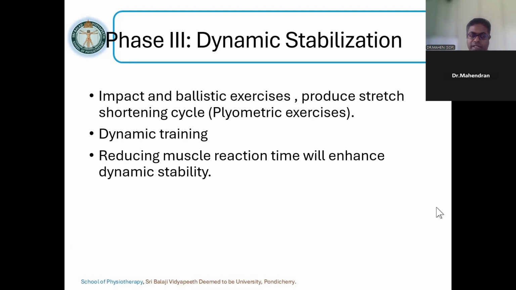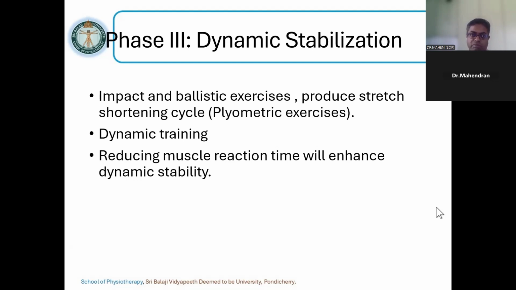This dynamic training can be occupation focused or depend on the patient's needs. We can modify it accordingly. But the theme is what? The threshold of the exercise needs to be progressed. That is the idea behind rehabilitation using the RNT concept.